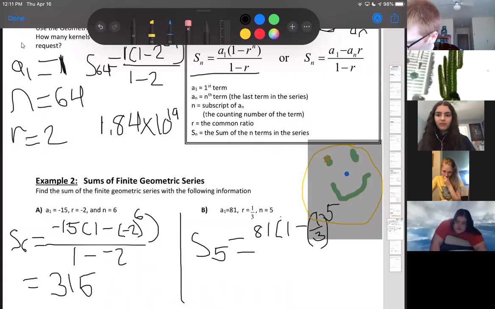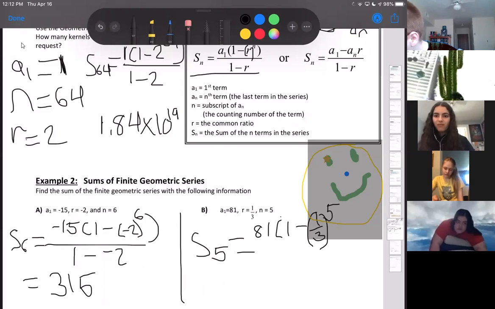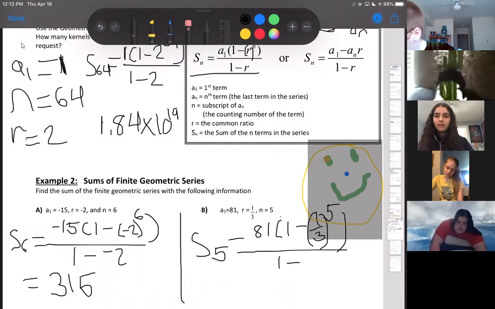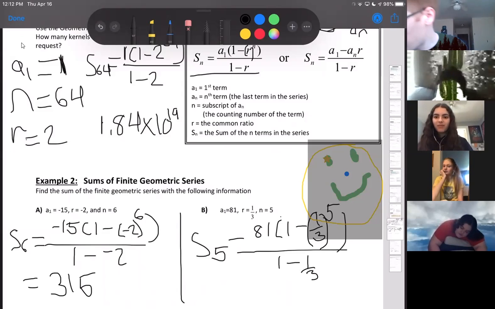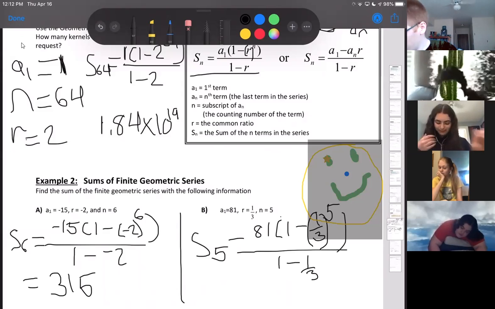It's probably a good idea to put parentheses around this R. I've got the formula above, but it's a good idea to put those parentheses. Sometimes, especially if it's positive, it won't really matter. But if you have a negative or a fraction, you have to put it in your calculator like that anyway. Then 1 minus your R, so 1 minus 1/3. It's up to you how you put this in your calculator.